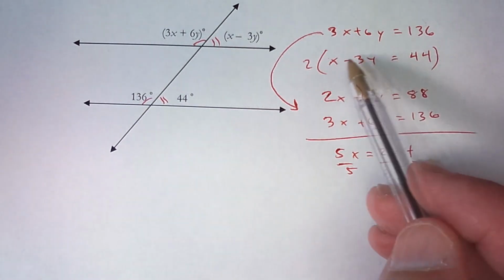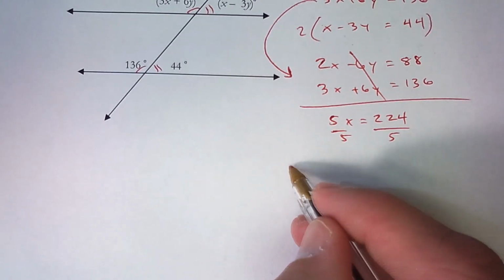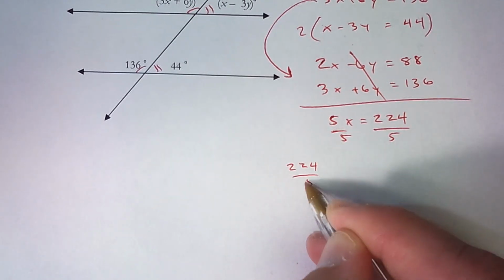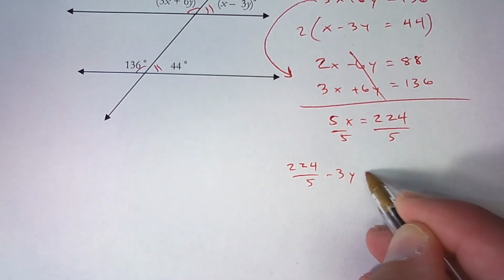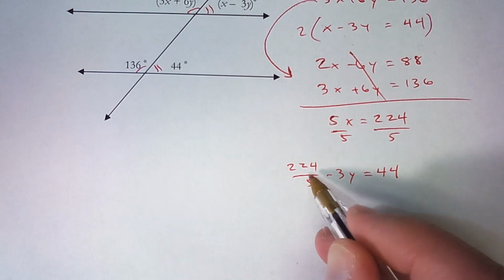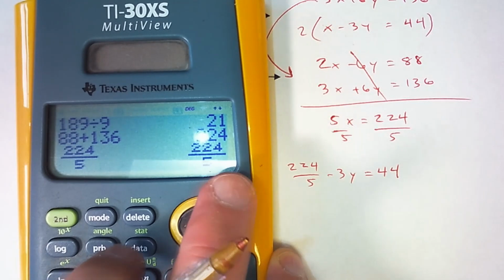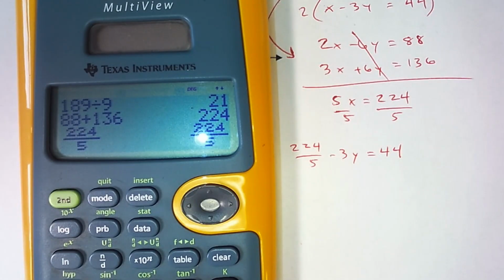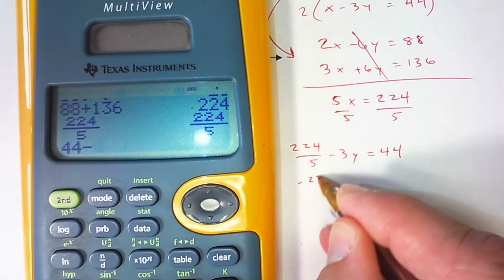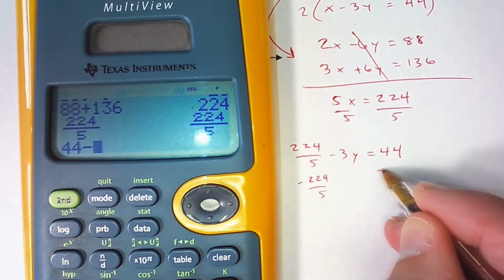I think that's going to be the easier of the two. So I've got 224 over 5 minus 3y equals 44. That fraction might look a little difficult, but the calculator is going to do this for us. Don't worry. So we've got 44 minus, so we're going to subtract 224 over 5.